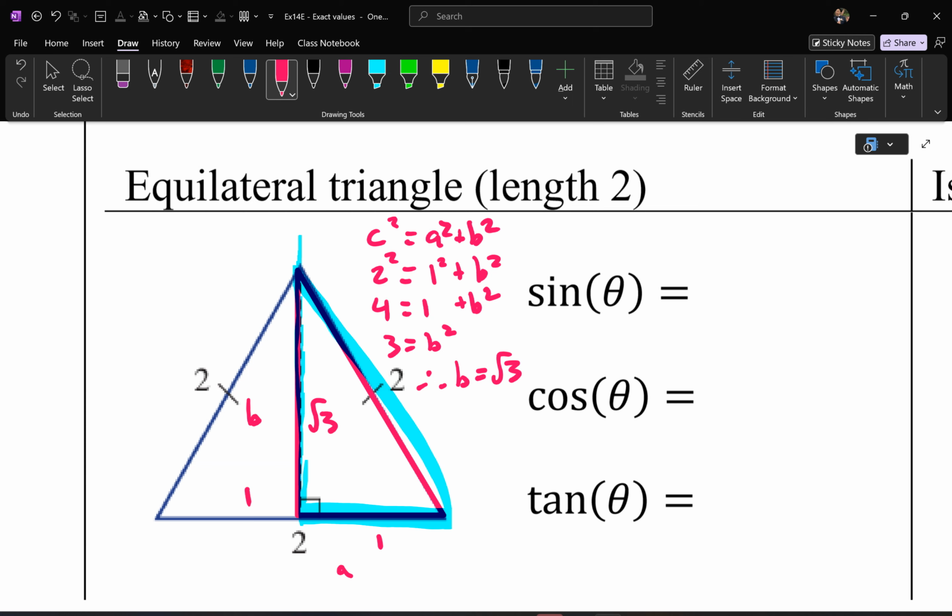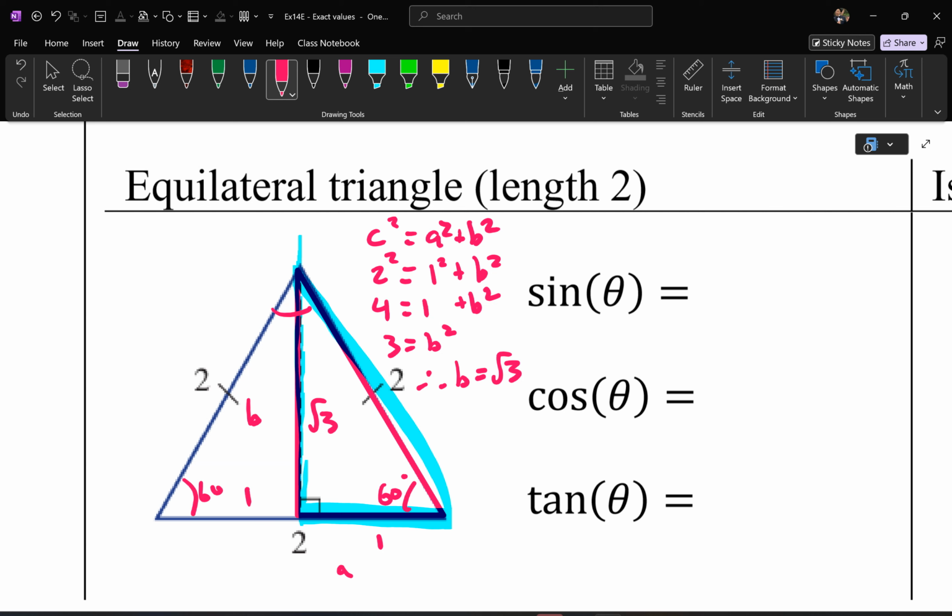Now, if you do that, you can see where they got the exact values from. Sine of theta is opposite over hypotenuse. We do know the angle in an equilateral triangle is 60 degrees. So this is 60.